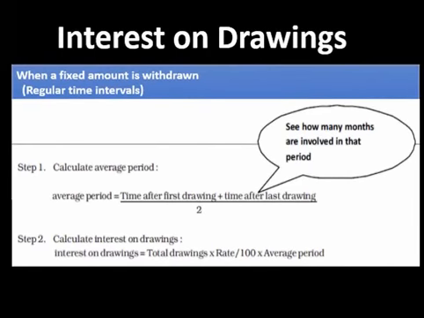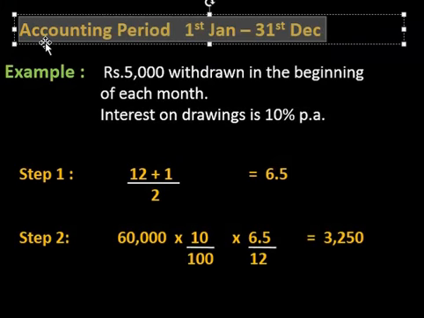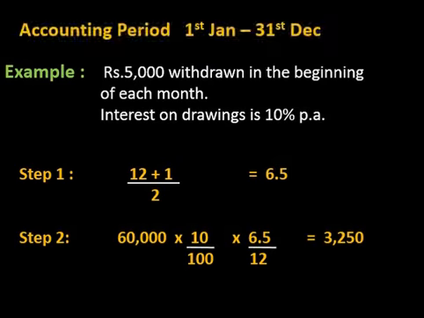I would like to show you some examples here. Now see this example. The accounting period is given here, 1st Jan to 31st December, and rupees 5,000 withdrawn in the beginning of each month. Interest on drawing is 10% per annum.